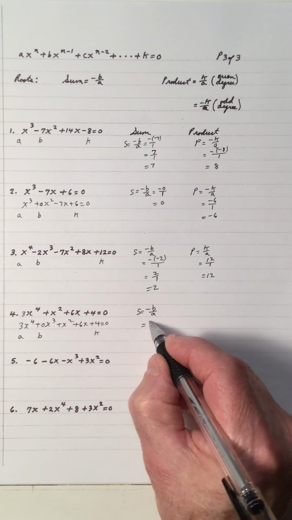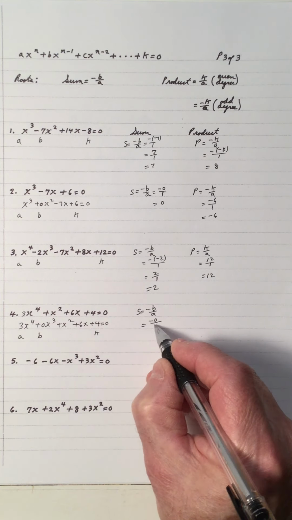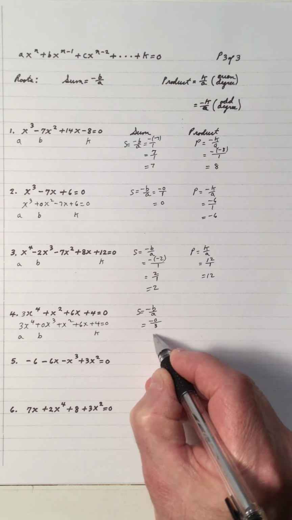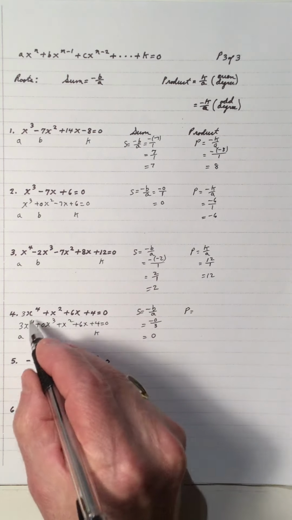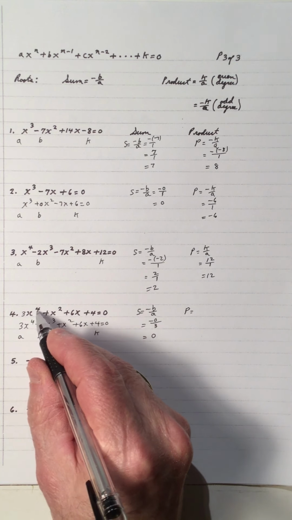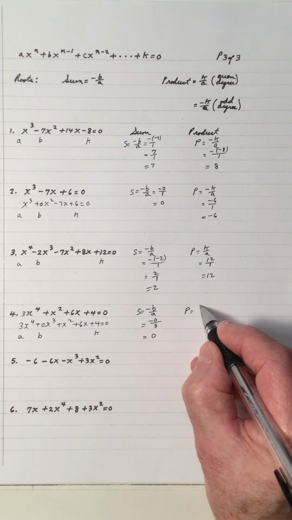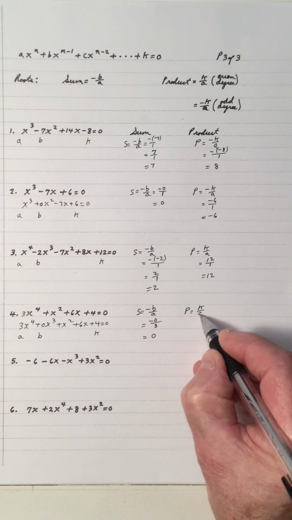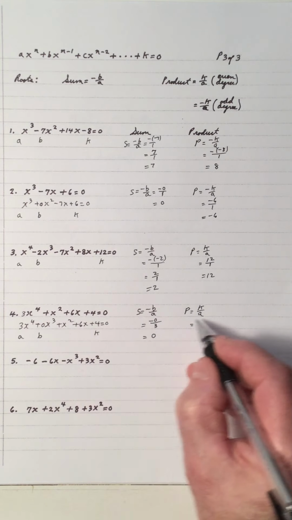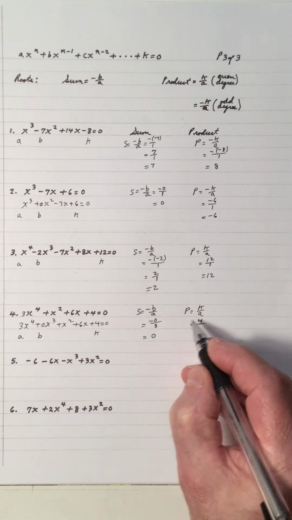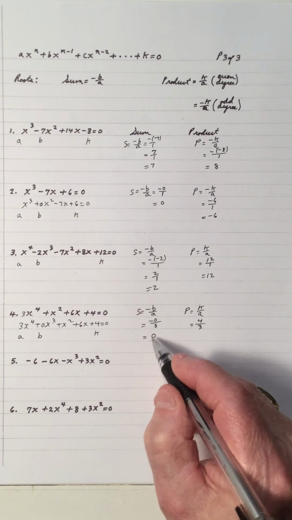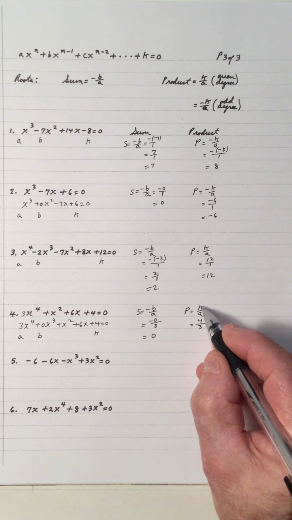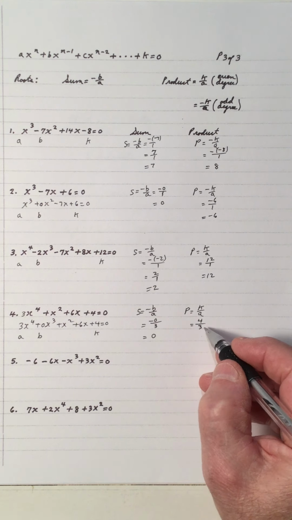So b is 0, so it's the negative of 0 over 3, so it's 0. The product of the roots, and this is the even power of 4, so it's just k over a. K is 4 over a, which is 3. So the sum of the roots is 0. Product of the roots is 4 over 3.